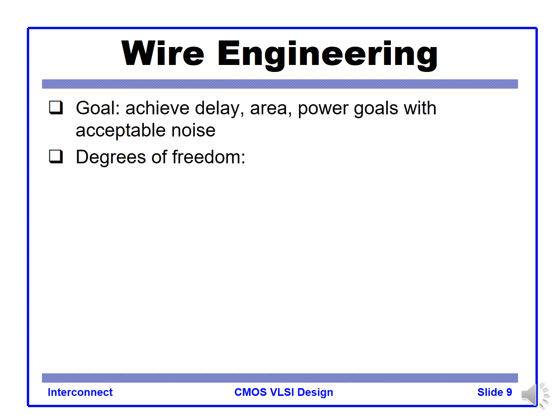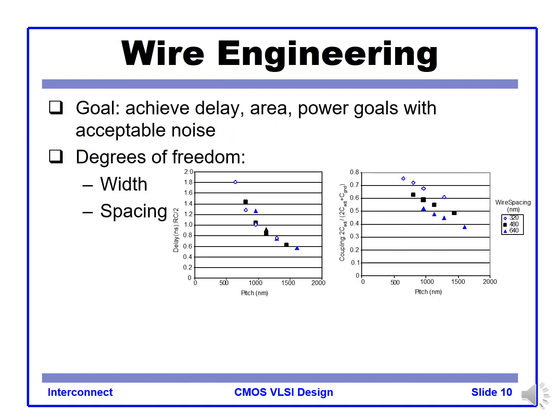Now, wire engineering. This slide discusses our goal for designing wires in terms of delay, area and power. We want to optimize those things with acceptable noise. What is the degree of freedom?